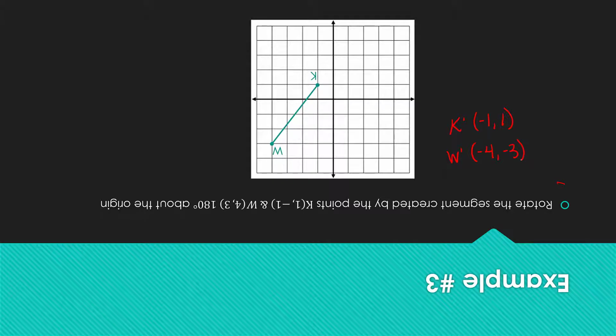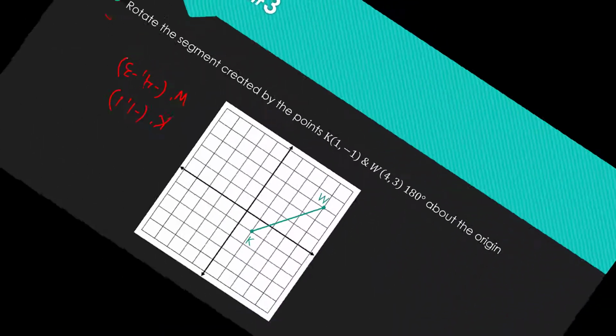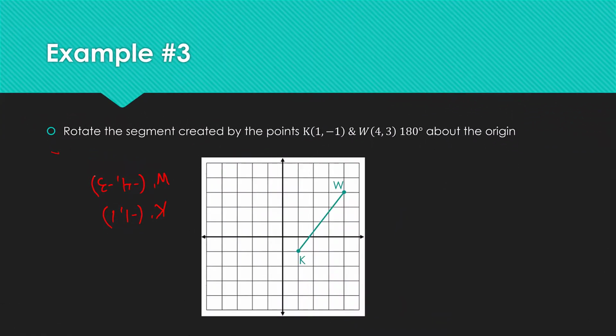Once you've listed and written those down, pick your paper back up and rotate back to normal. Now plot those points. So K prime was (-1, 1), and W prime (-4, -3).